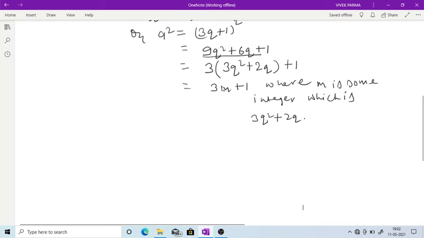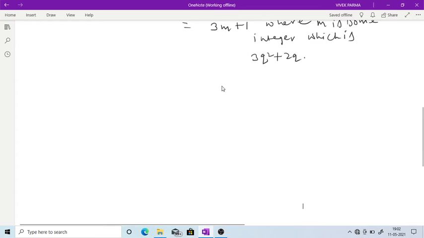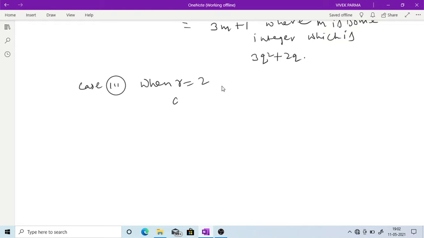Now for case 3, when the remainder equals 2, we have a equals 3q plus 2. On squaring both sides, we have a square equals 3q plus 2 the whole square.